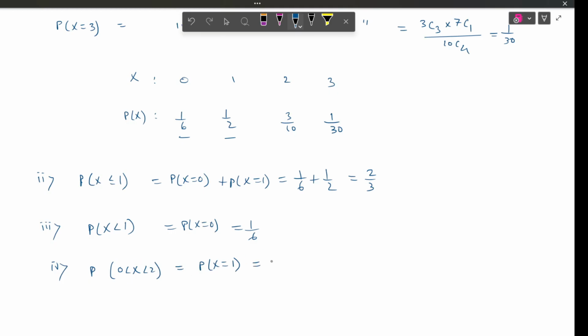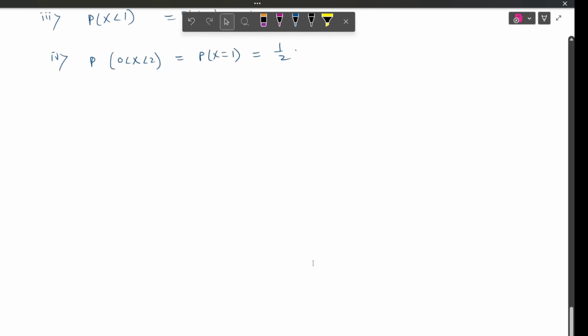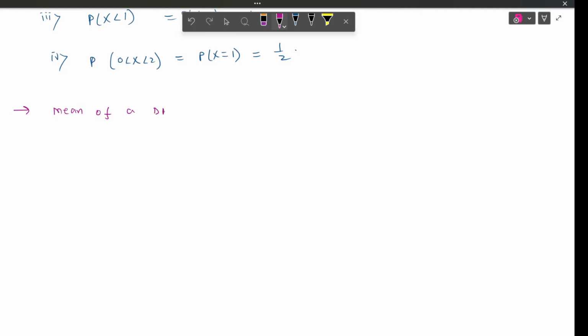Only one option, right? So it would be half. So that's how we have to solve this type of questions. And this is actually very easy. Now let us see our next topic, which is mean of a discrete random variable.